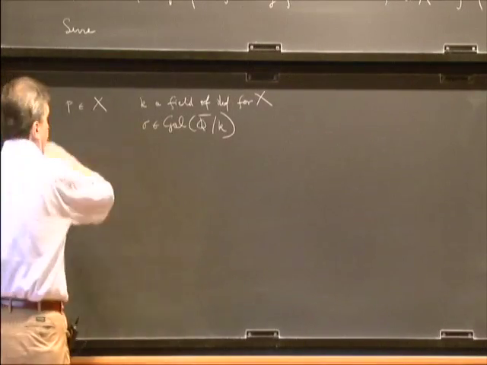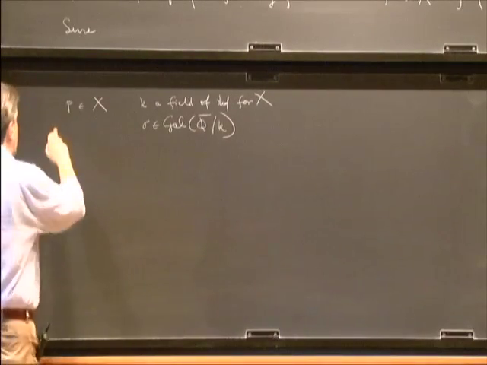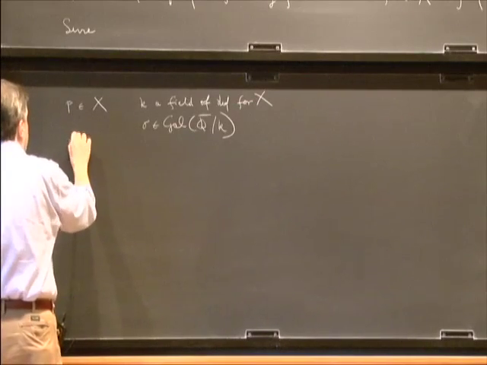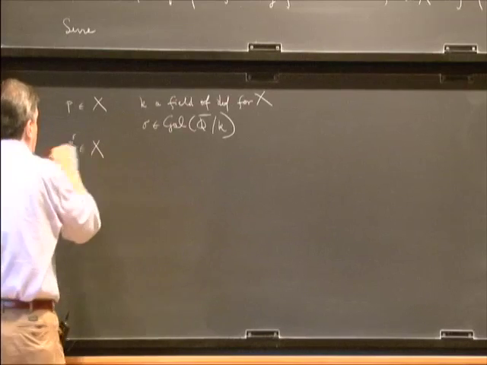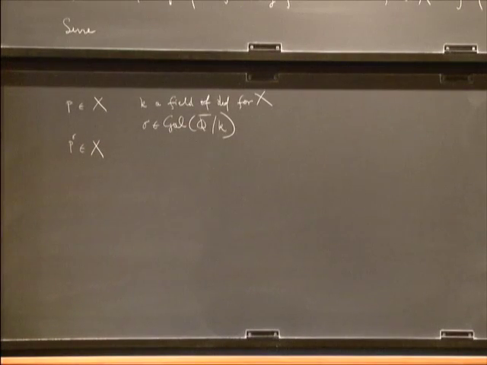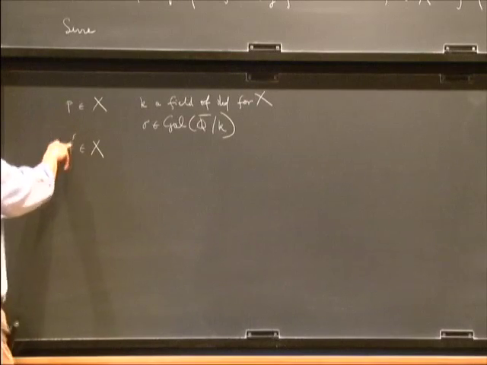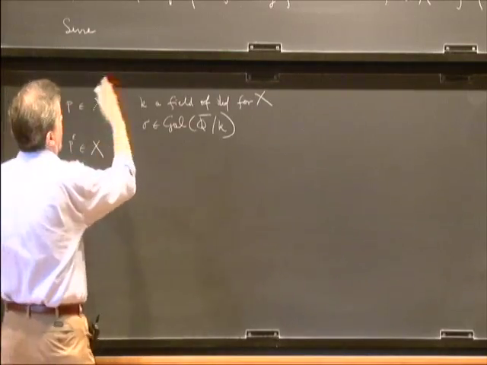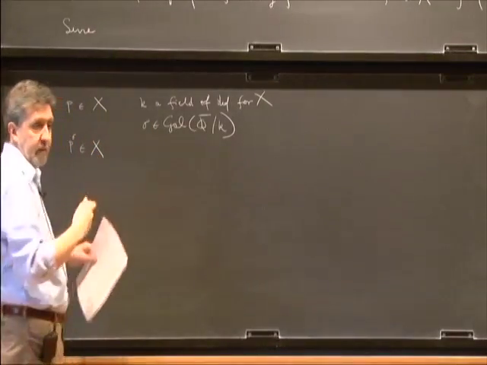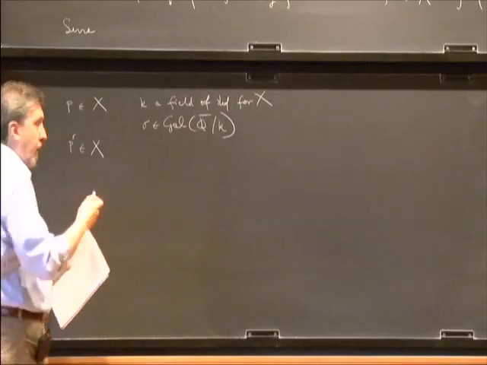So sigma fixes the curve and moves the point to a point P sigma, which also shall lie in X. But now comes the fact that P is a torsion point. And so P sigma, the automorphism raises the roots of unity to a power.